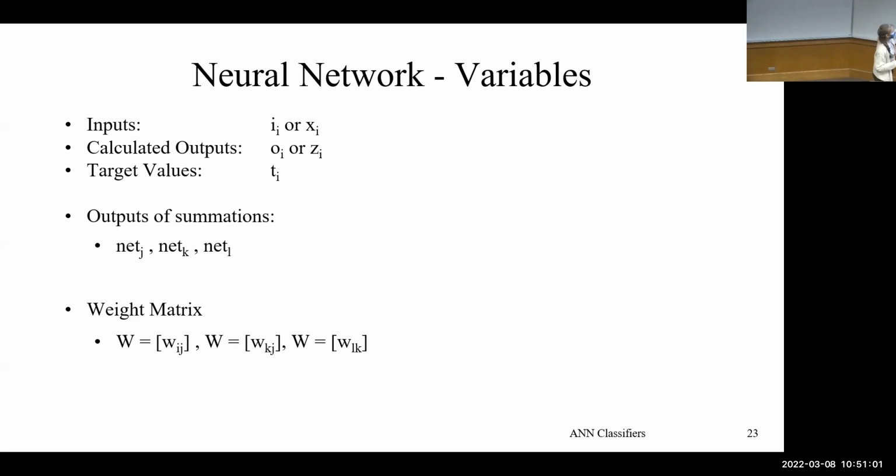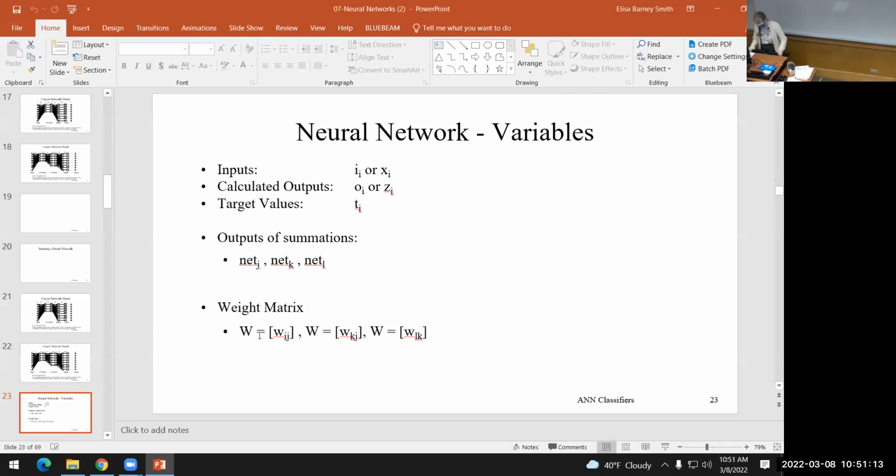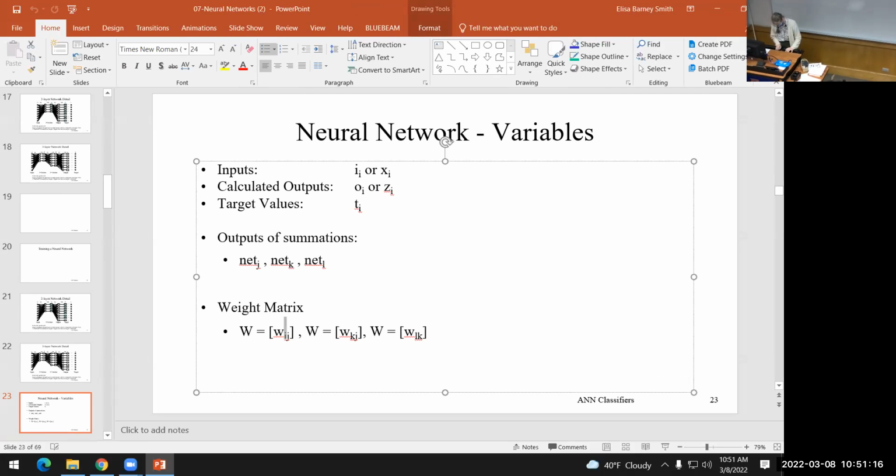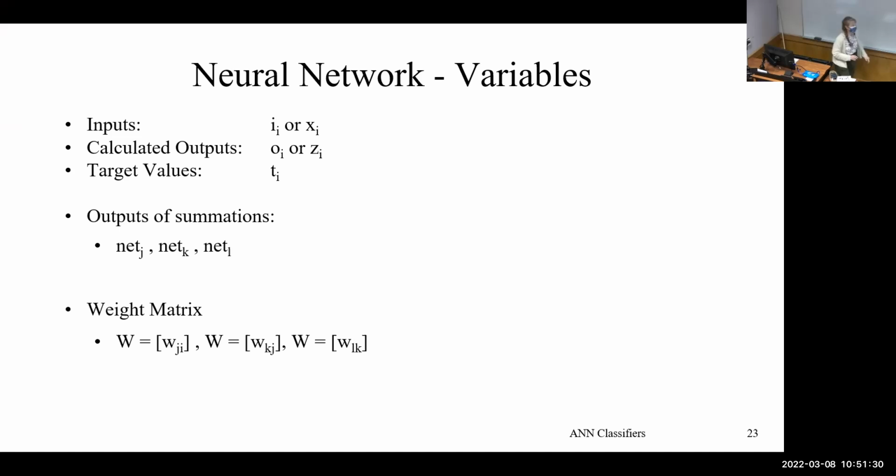And then we've got weight matrices. We tend to write them in the opposite direction, partly so that we can do the matrix multiply with a column vector.